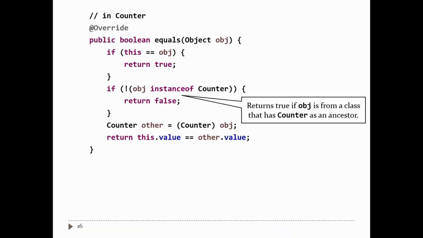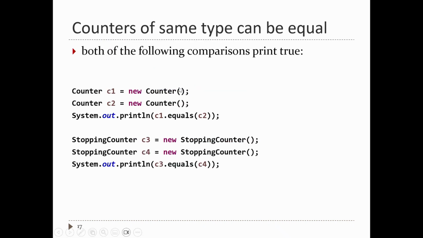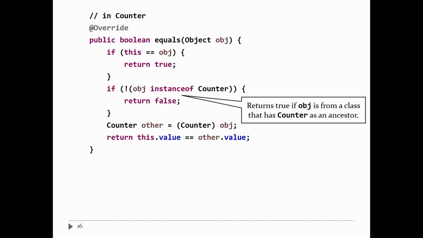Now when you use the instanceof version of equals, if we have two counters that have the same type, obj has type Counter. Is Counter an instance of Counter? The answer is yes. Counter is the same class as Counter, so now we skip past the if statement and come down here.